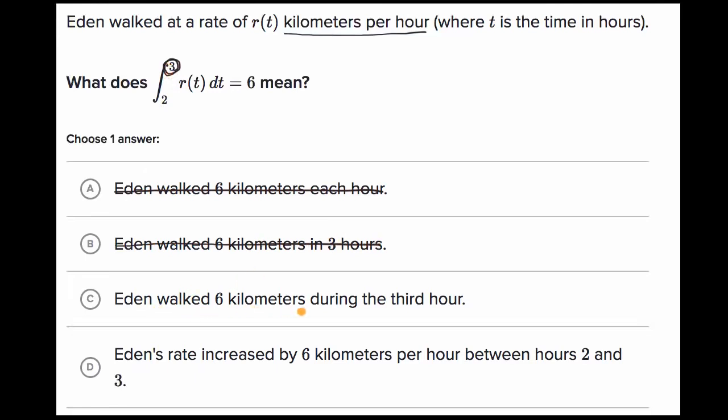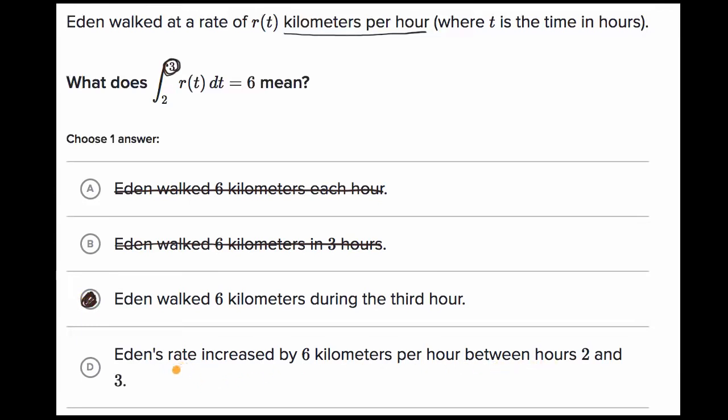Eden walked 6 kilometers during the 3rd hour. Yes, that's what we've been talking about. From time equals 2 hours to time equals 3 hours, Eden walks 6 kilometers. And you could view that as the 3rd hour, going from time 2 to time 3. Eden's rate increased by 6 kilometers per hour between hours 2 and 3.